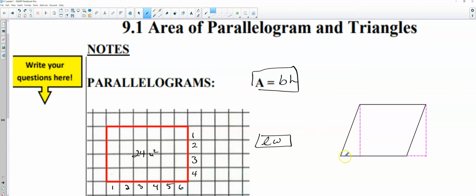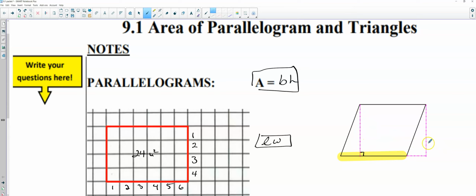Here is the base, which is this part right here, right? And the height would have to be perpendicular to the base. Remember that it has to be perpendicular to the base. So that's your height.